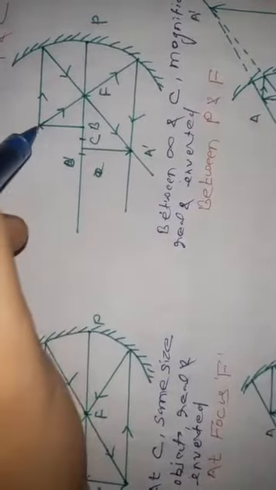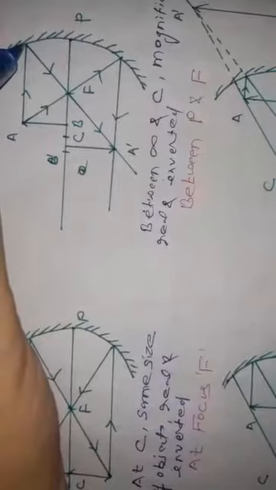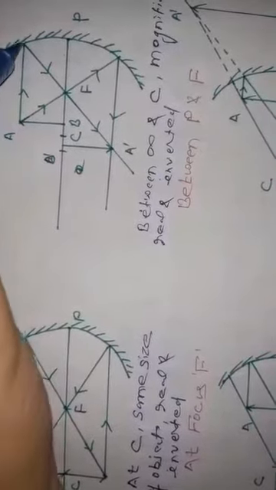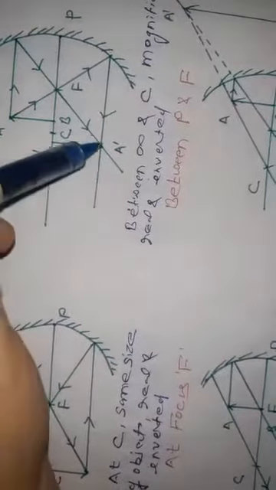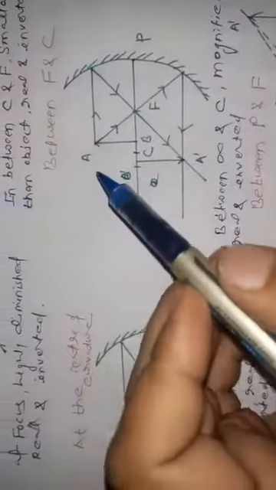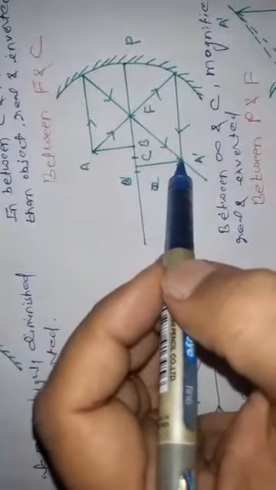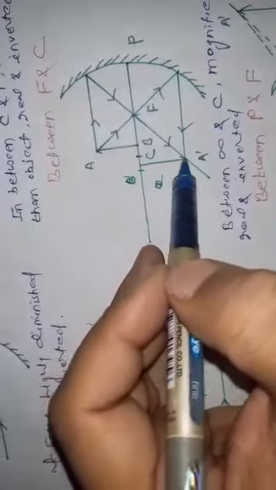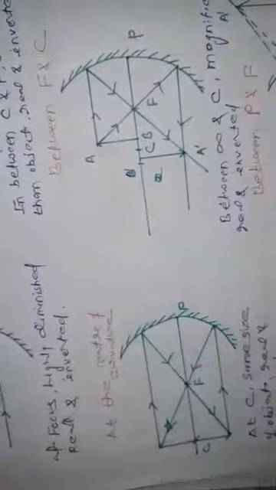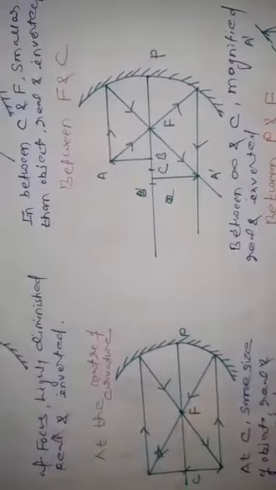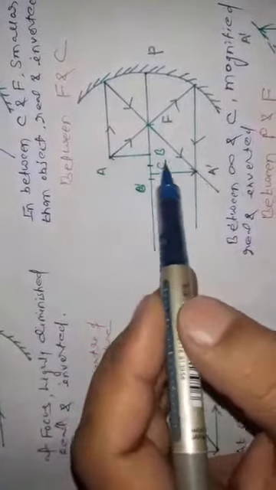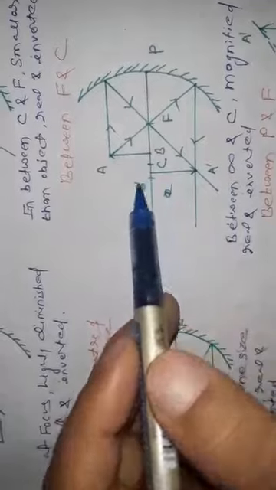So this is our object. This is the ray incident parallel to the principal axis, after reflection passing through the focus, principal focus, and the ray which is coming through the focus, after reflection it becomes parallel to the principal axis. So here we have one intersection point. Here the image formation will be in between infinity and center of curvature. So clearly you can see that we get the magnified image, real and inverted.